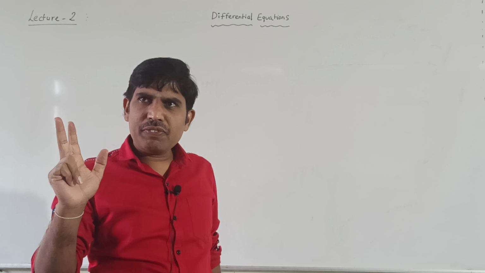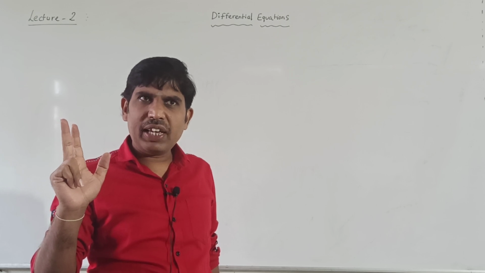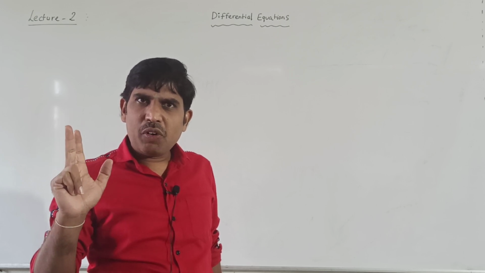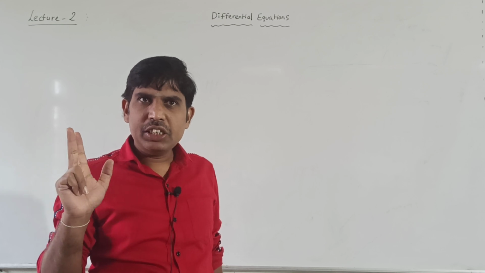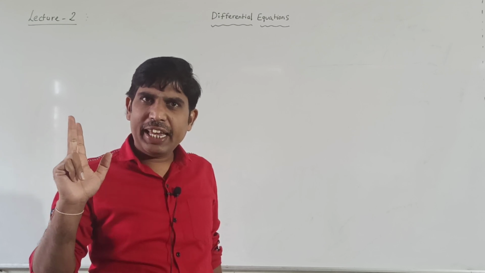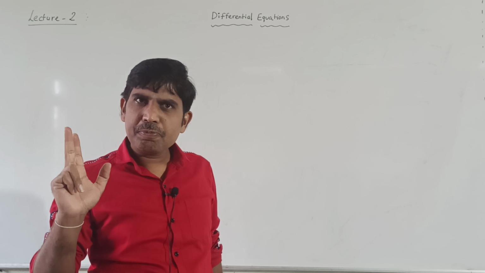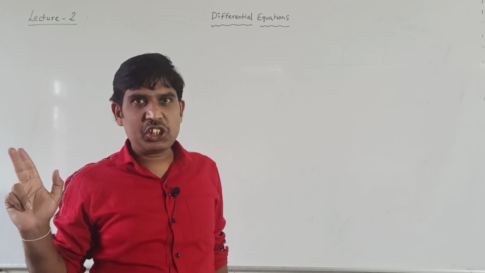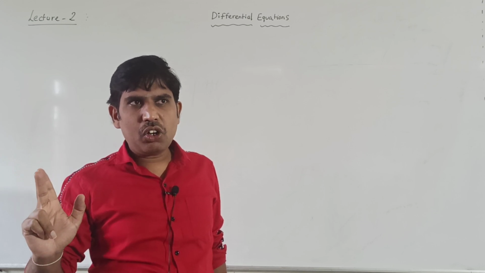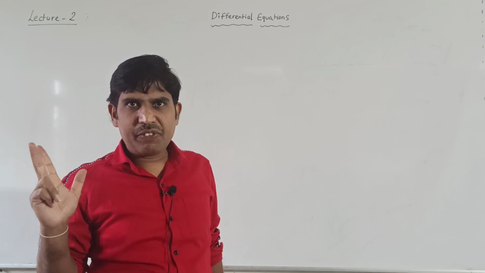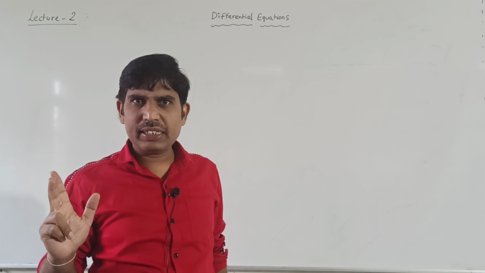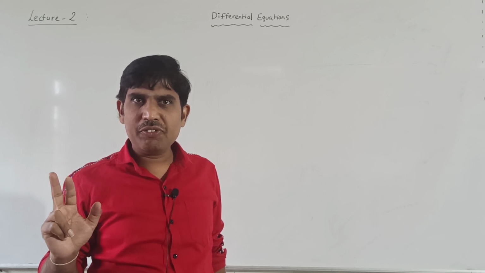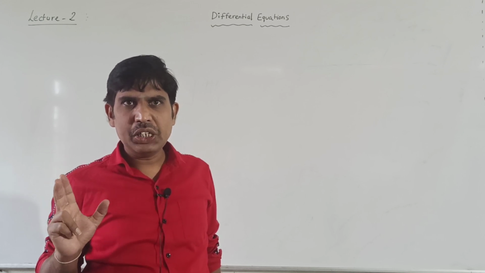The degree of the differential equation is always a whole number, it should not be a rational number or a negative number. Rational number means fraction, okay? So degree of a differential equation is always a whole number, it should not be a fraction or negative number.